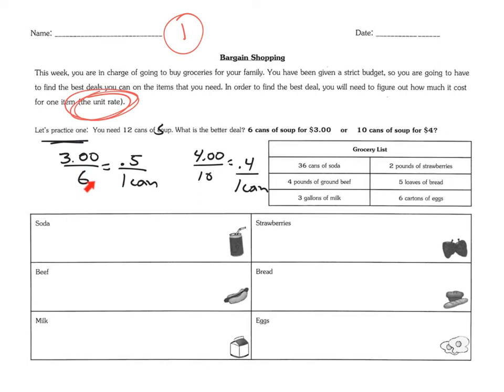How much is 1 can? So $3 divided by 6 gives you 0.5 or 50 cents for 1 can. 10 cans of soup were $4. So $4 divided by 10 would give us 40 cents a can. So the better deal is 10 cans of soup for $4 because it's 40 cents a can.